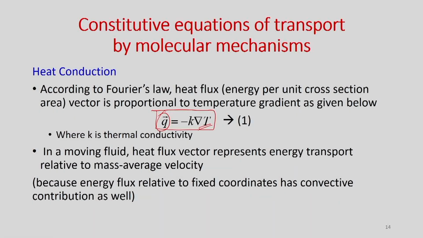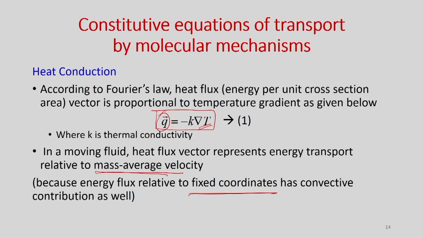Here in a moving fluid, the heat flux vector represents energy transport relative to the mass average velocity only, because energy flux relative to the fixed coordinates will also have the convective contribution as well, and then convective contributions can be generalized for all of them separately. So, the heat flux vector represents energy transport relative to mass average velocity only.